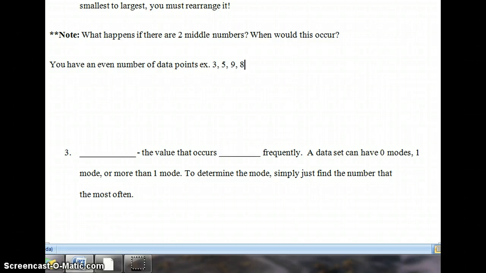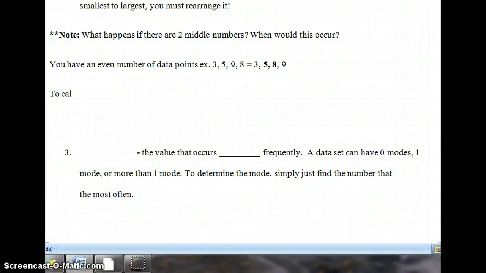If you rearrange those numbers, you get 3, 5, 8, and 9. If you look at the middle number, that would be 5 and 8. But you can't have two middle numbers, so what do we do?